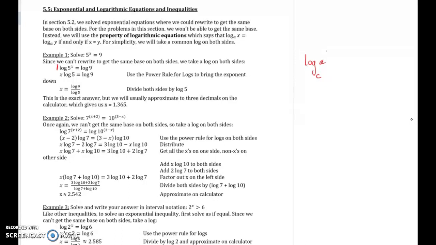Log base c of a to the b is going to be equal to b log base c of a. So this is why we end up with x log 5, log base 10 of 5, equal to log base 10 of 9. Dividing by log base 10 of 5 on both sides, we end up with x equal to log base 10 of 9 over log base 10 of 5.